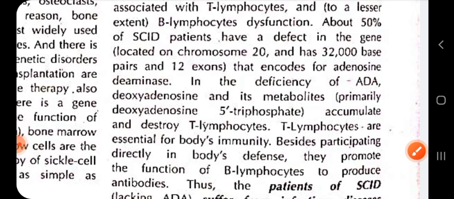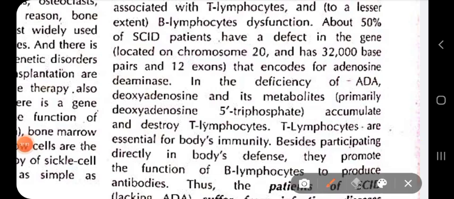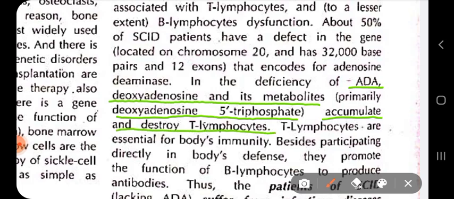Okay, now what does adenosine deaminase do? When adenosine deaminase gets non-functional, deoxyadenosine and its metabolites like deoxyadenosine 5' triphosphate accumulate and destroy the T lymphocytes. Normally, deoxyadenosine 5' triphosphate will be broken down by the adenosine deaminase enzyme.